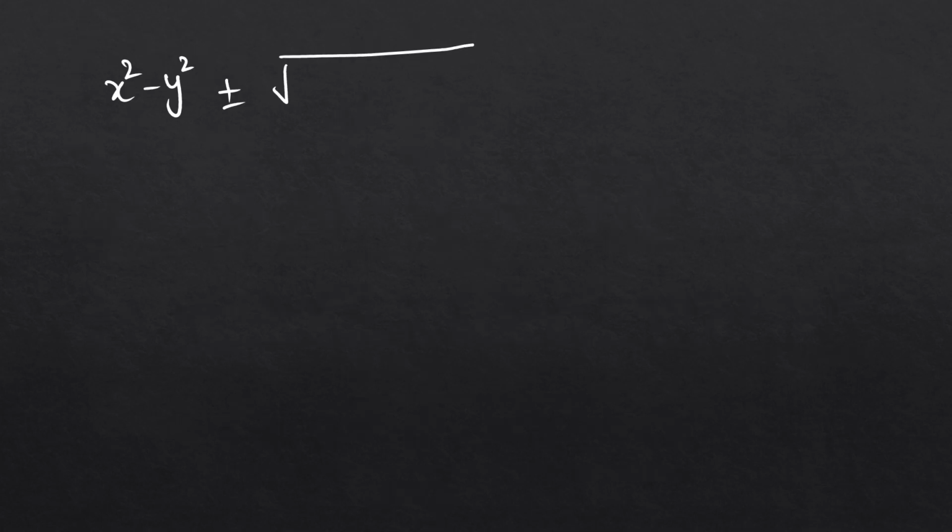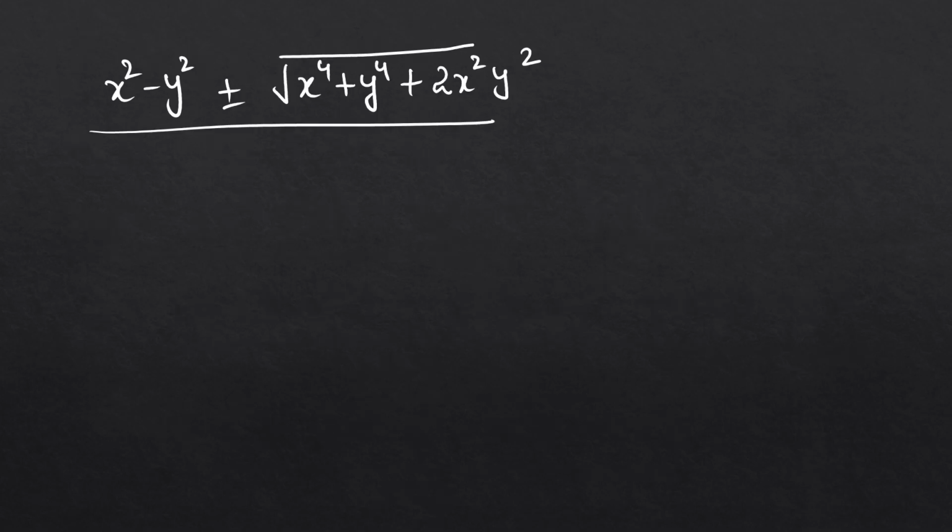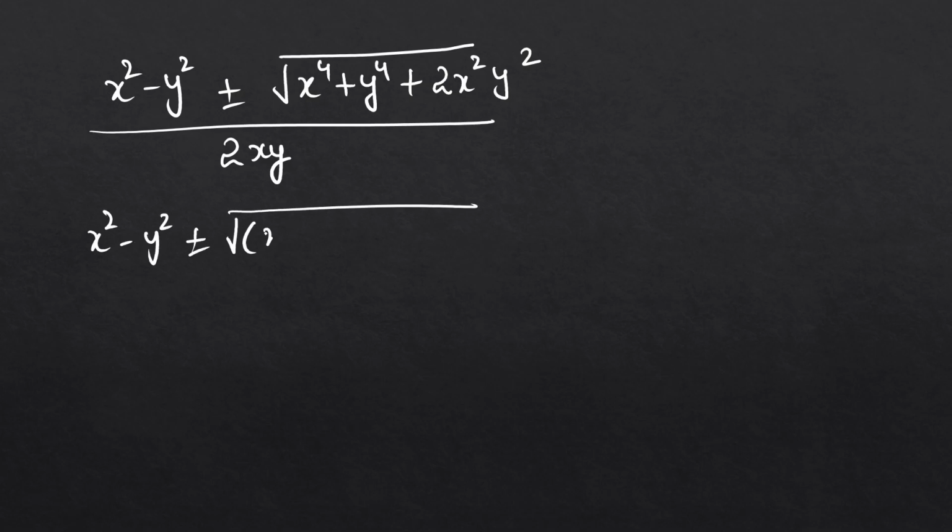Again, we will get here x raised to power 4 plus y raised to power 4, then you will get here plus 2x square y square divided by 2xy. Again x square minus y square plus minus, can we write it down as x square plus y square whole square divided by 2xy?